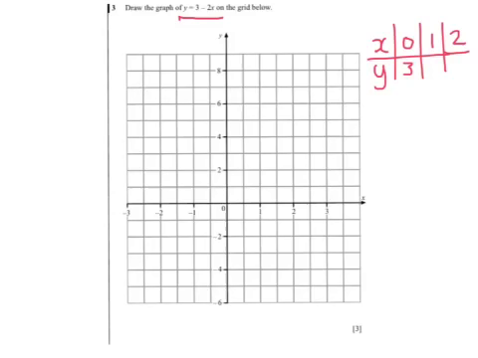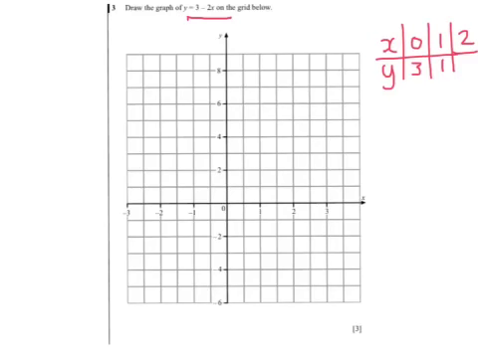Therefore, y is 1. Then when x is 2, that would mean that y is equal to 3 minus 4. y is equal to minus 1. We then have to plot these 3 coordinates and join them to make a straight line. The completed graph should look like this, with it clearly labelled.